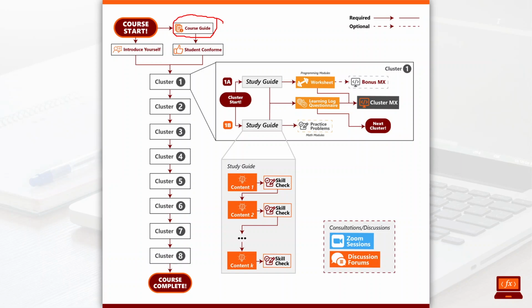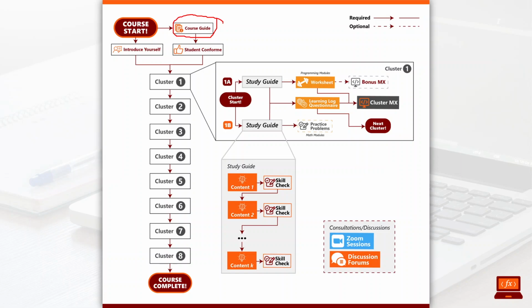So for example, cluster 1, content 1, content 2, content 3, and so on and so forth. Bawat study guide divided into content para mas madali kayo, kasi kung isang bagsakan lang na study guide yan for all the topics for each cluster, baka ma-overwhelm kayo. So, sinop-chop namin para mas madaling ma-digest.